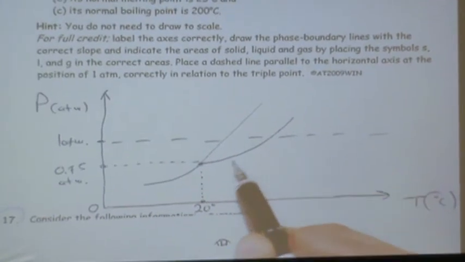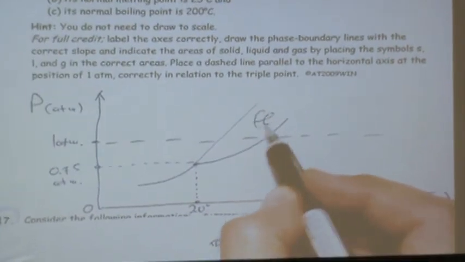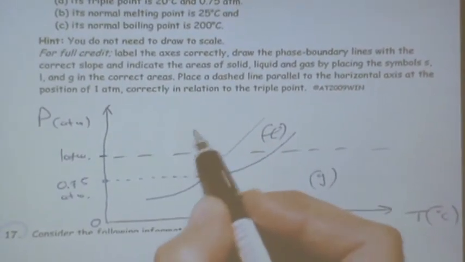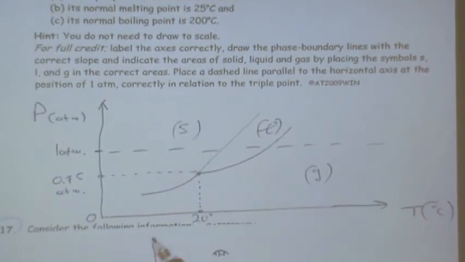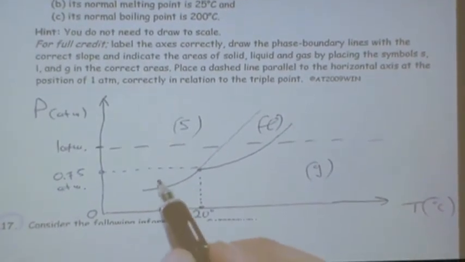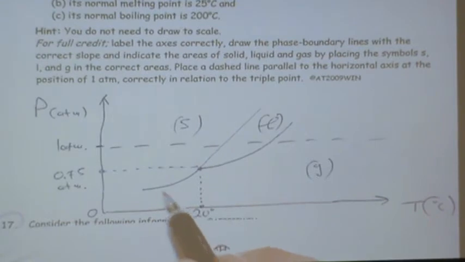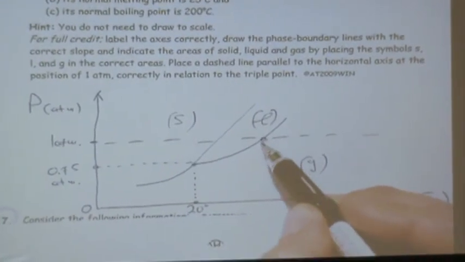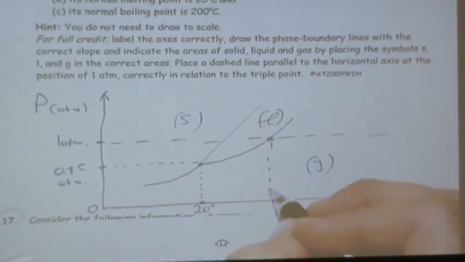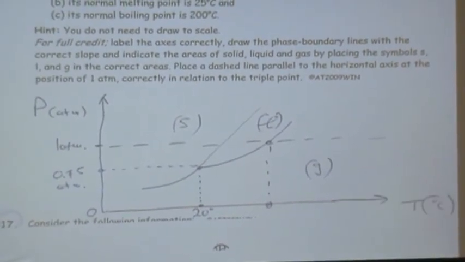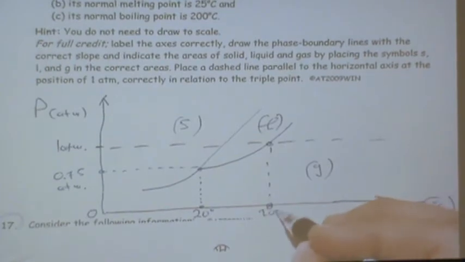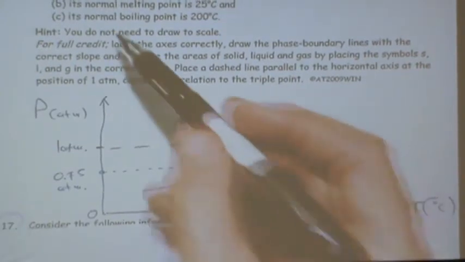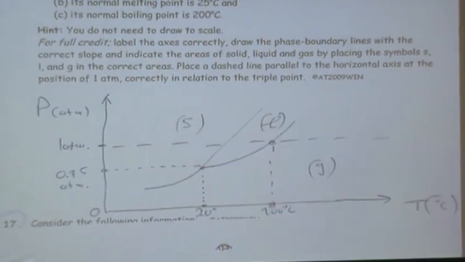This is the curve that is between liquid and gas, and this is between liquid and solid, right? And this is between solid and gas, right? So from here, if I do this, it's going to give you the boiling point, 200 degrees Celsius. Yes? And the melting point, it tells me it's 25 degrees Celsius.